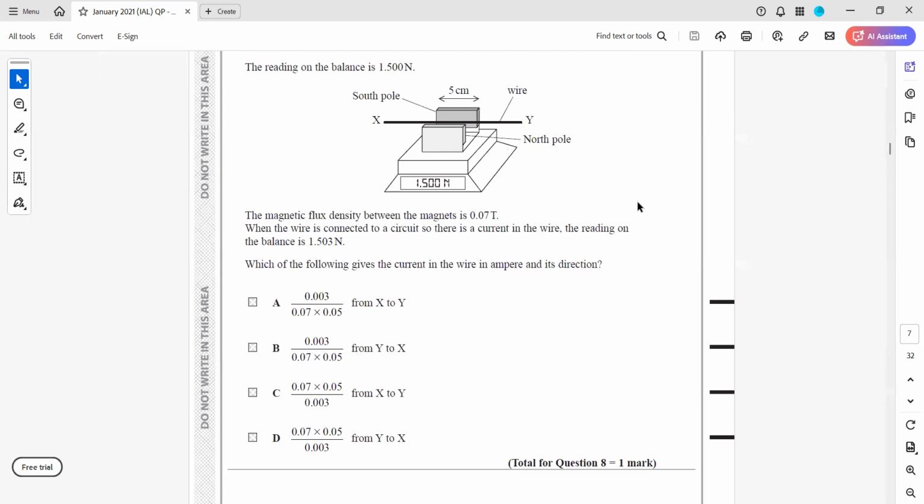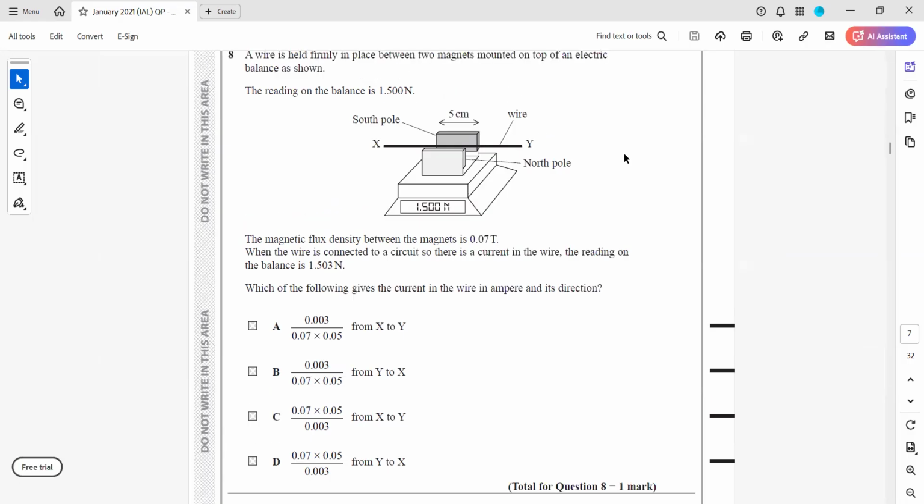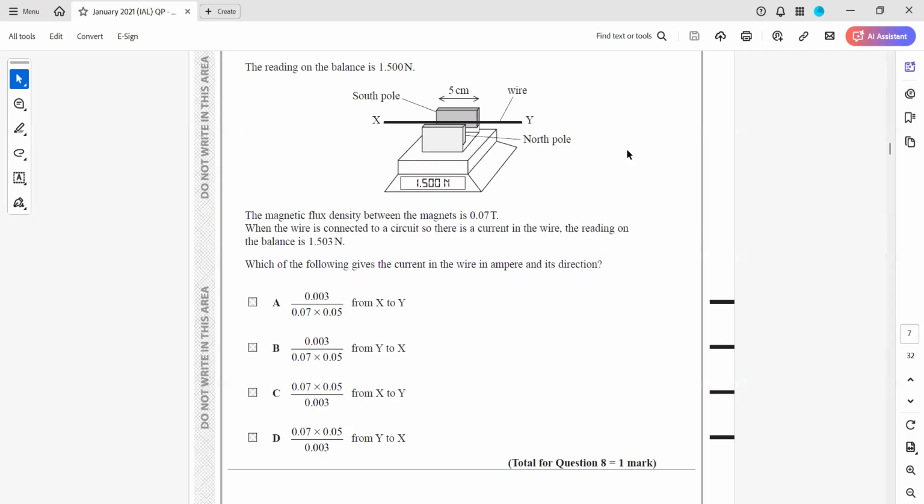Which of the following gives the current in a wire and its direction? In the question, the wire is held firmly in place between two magnets mounted on the top of an electronic balance, and the reading on the balance is 1.5. When we pass the current, the reading increases.